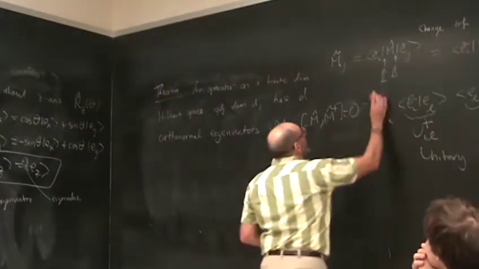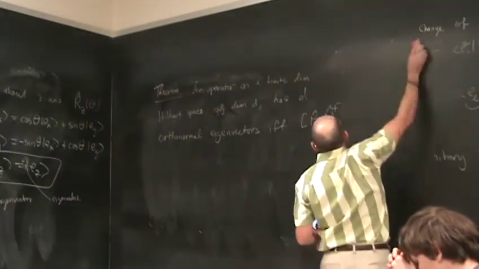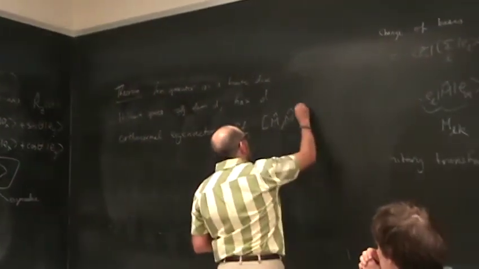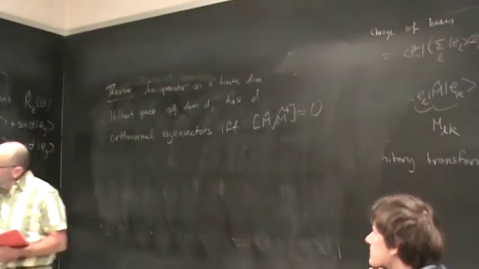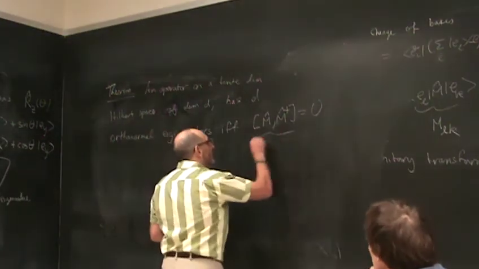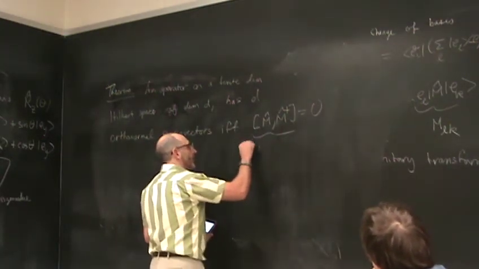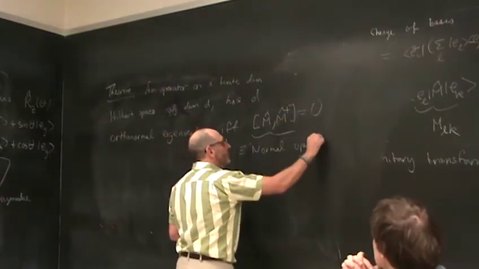Such operators, if they satisfy this property, that they commute with their adjoint, are called normal operators. A normal operator is one that commutes with its adjoint.